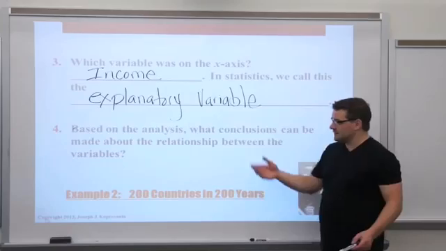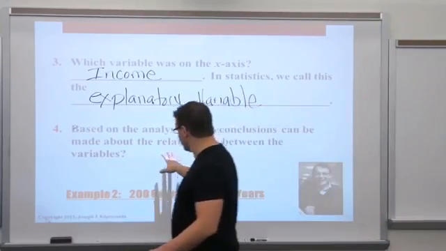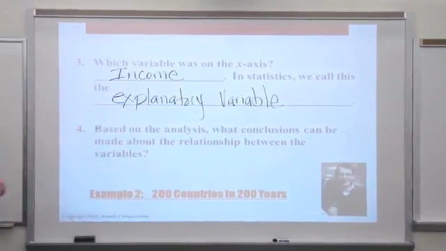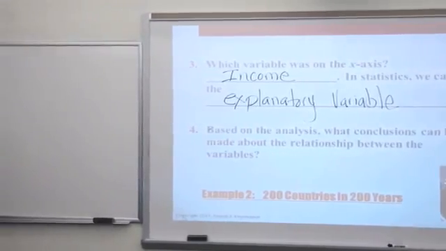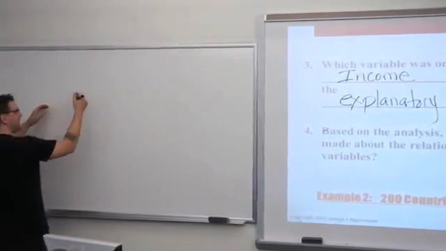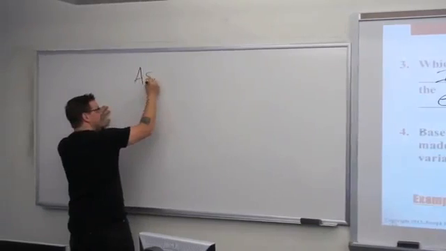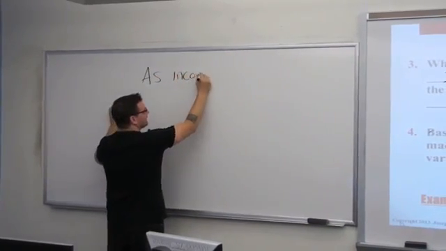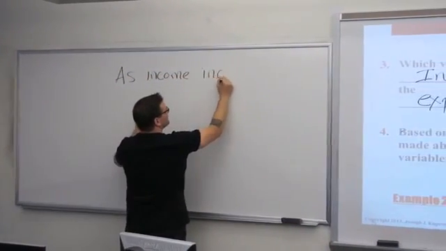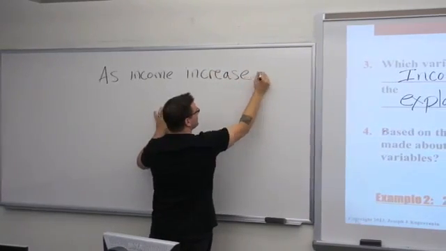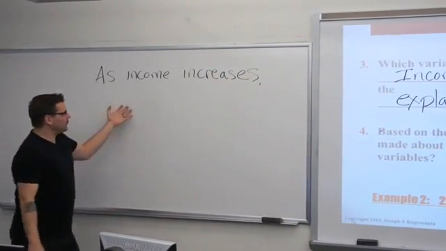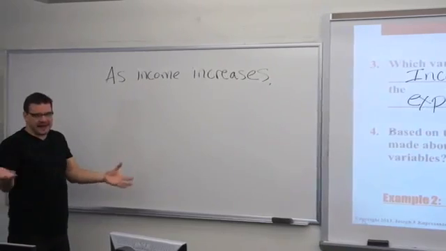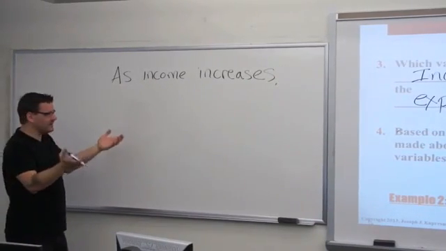There was a clear pattern. I'm going to go to the sideboard here, have a little bit of room to write. What conclusions can be made? We see in the graph on the video that as income increases, as a country had more money, what tended to happen to their life expectancy or their lifespan?